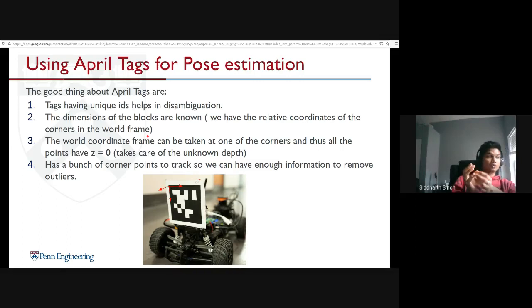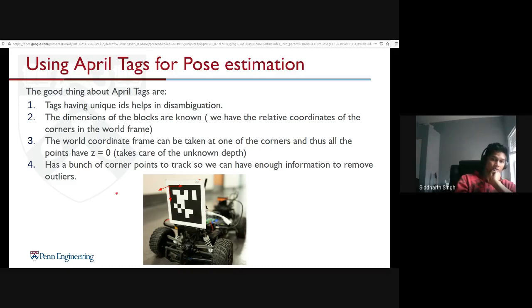Then we know the dimensions of these blocks, or the edges or corners that these visual tags have. That gives us information about the coordinate points. If we get this world coordinate at a corner on the surface of the April tag, we will essentially be doing the same thing: creating a world environment in which all the z coordinates are zero, and x and y are known to us because the dimensions of the blocks are known.